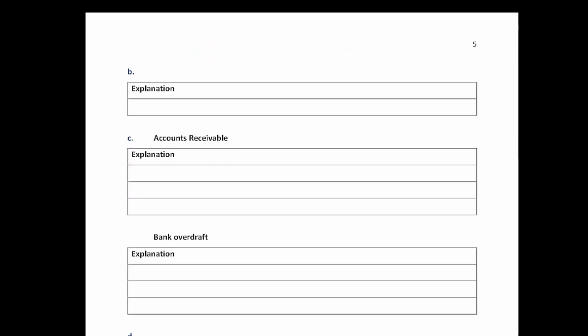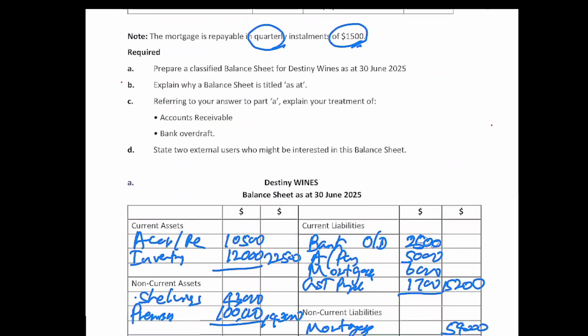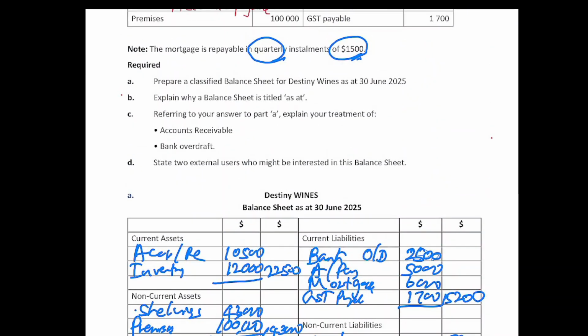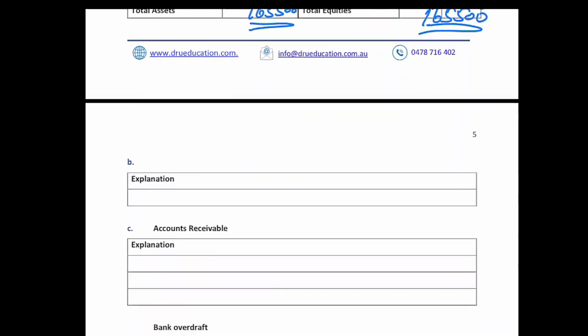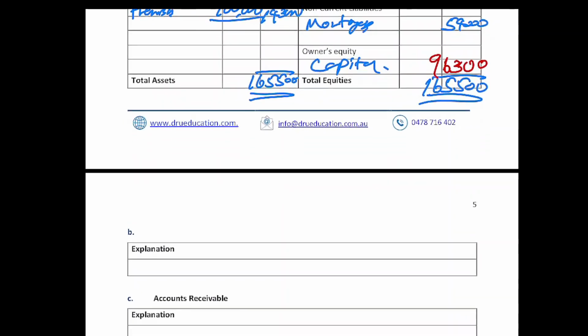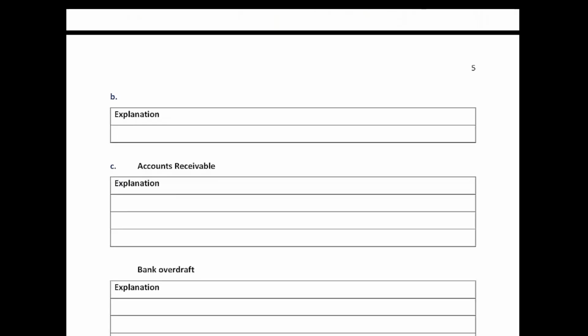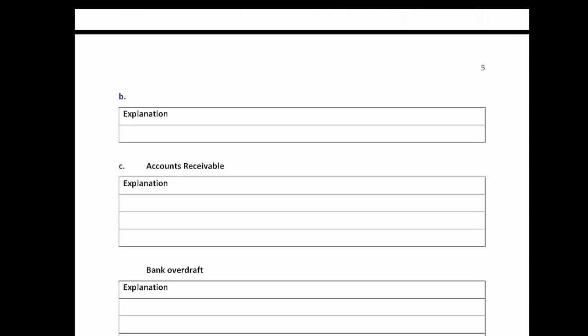Okay, part B. What is part B? Explain why the balance sheet is titled as at a date. Why is it titled that way? Take down the answer. I think I gave you the answer in the note test.